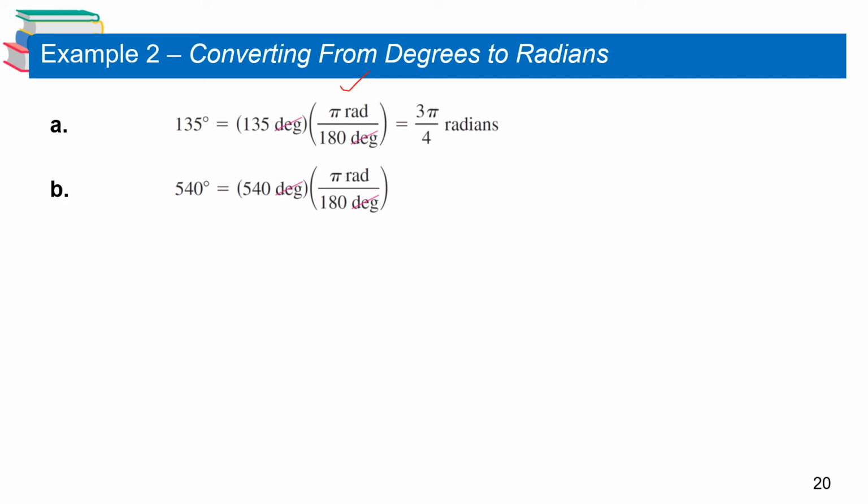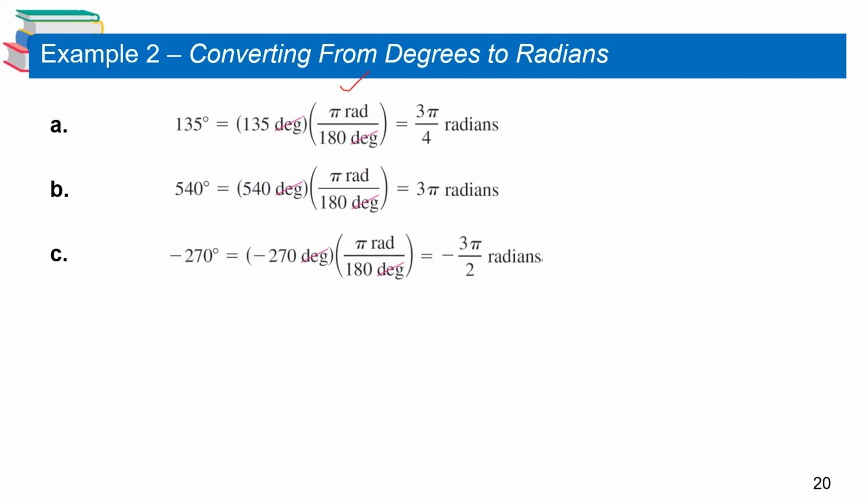Second question, if you have 540, then again 540 is multiplied by pi by 180, and your answer is 3 pi. If you have negative 270 degrees, multiplied by pi by 180, it is negative 3 pi by 2.